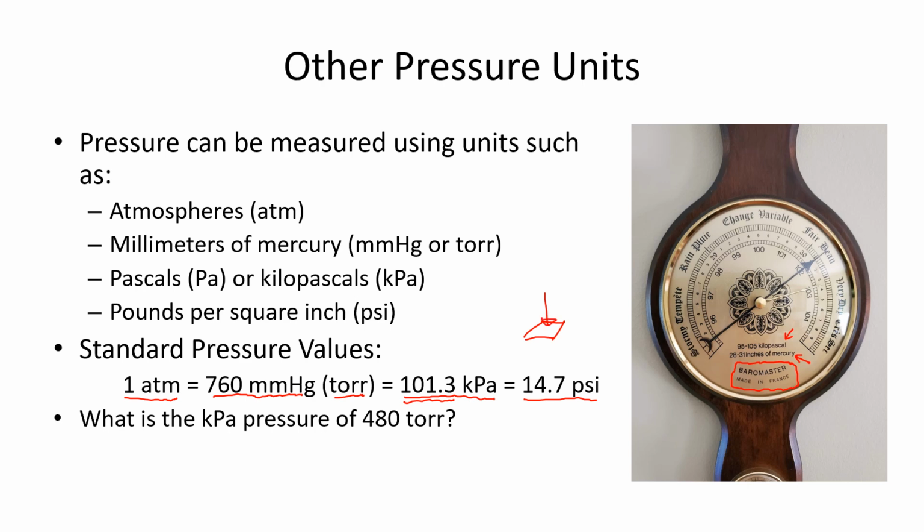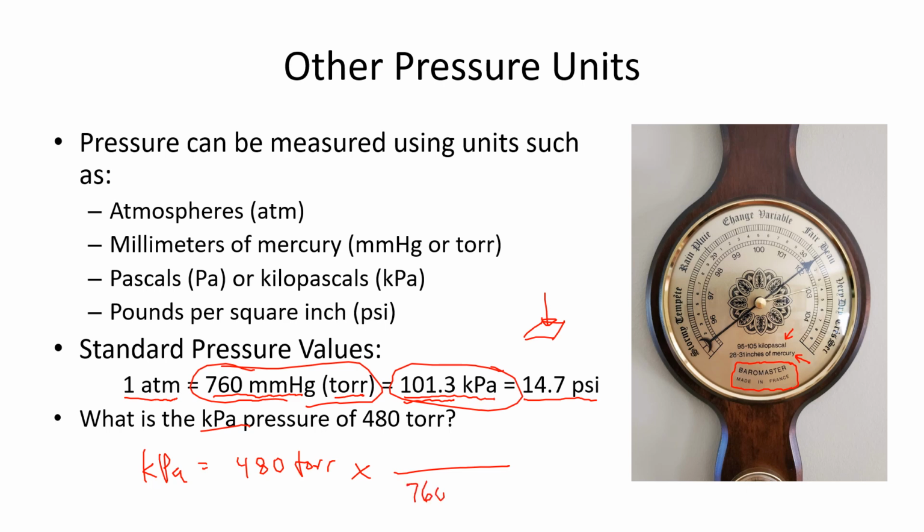Converting is pretty easy. You can just do it with the factor label method. If you want kilopascals and you have 480 torr, you use the relationship from these equivalences: 760 torr is equal to 101.3 kilopascals. You put 760 torr on the bottom so it cancels out, and 101.3 kilopascals on the top.